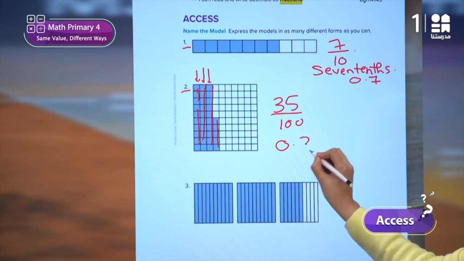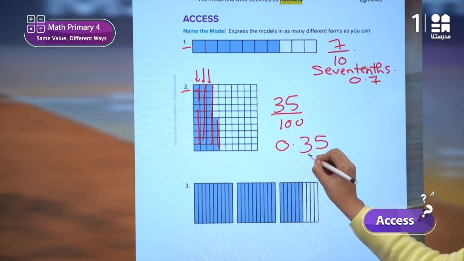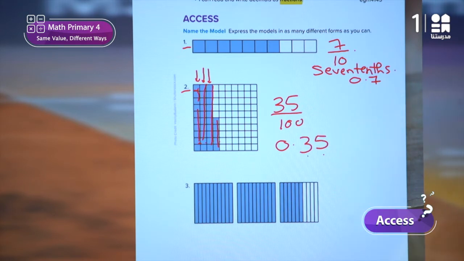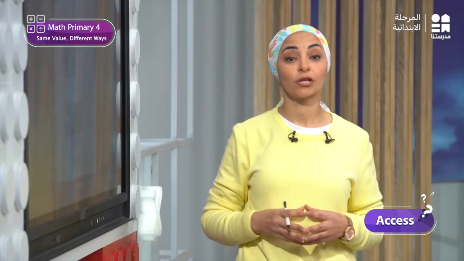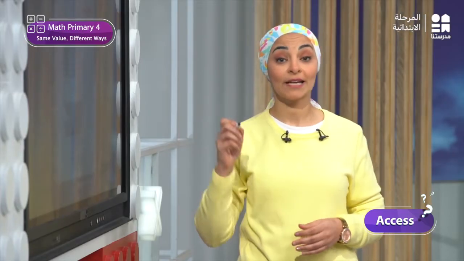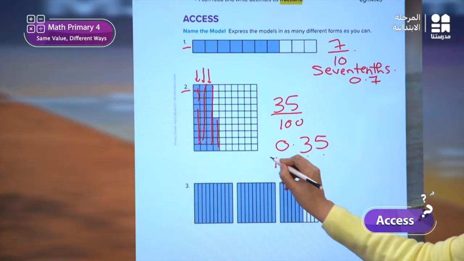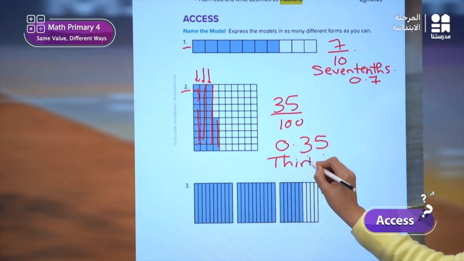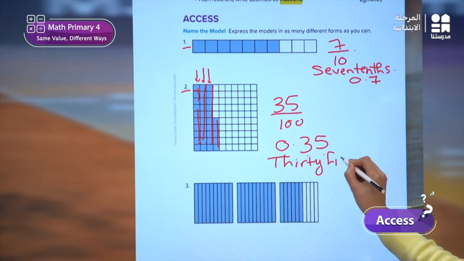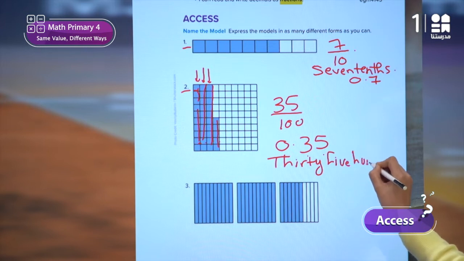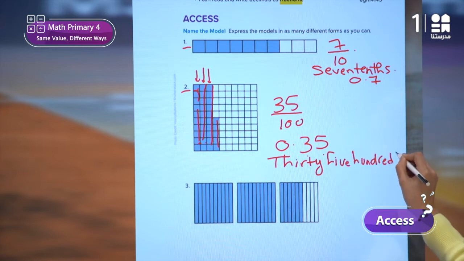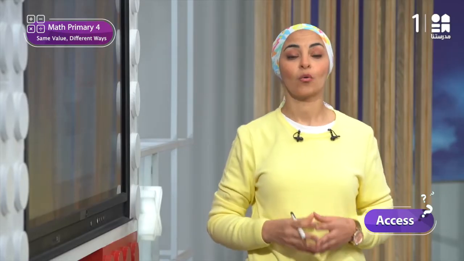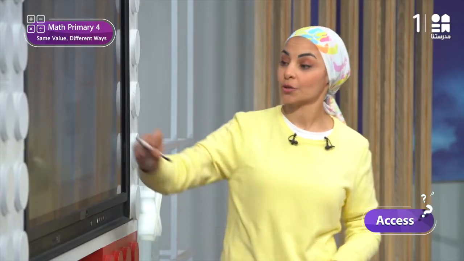So I'll put after the 0 35 to be 35 hundredths. طيب لو أنا عايزة أكتبها in the word form يعني in letters it will be 35 hundredths. الword form بكتبها as I read it. As I read it, I write it. Okay, تعالوا بقى let's move to the third problem.